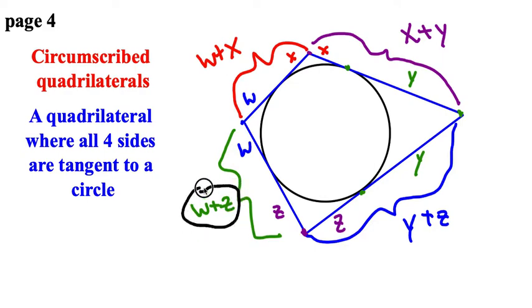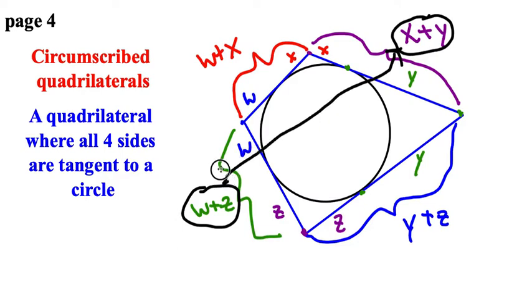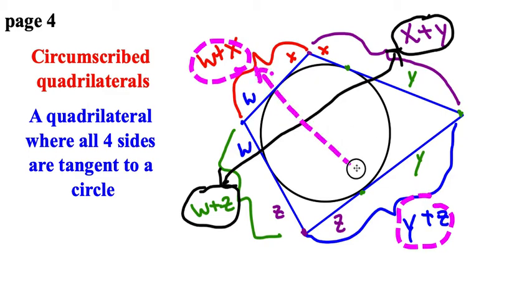W and z, x and y. So if you look at the opposite sides, they are the sum of all 4 letters. And if you do the same over here, w, x, y, and z. So what this means is the sum of the lengths of the opposite sides are the same.